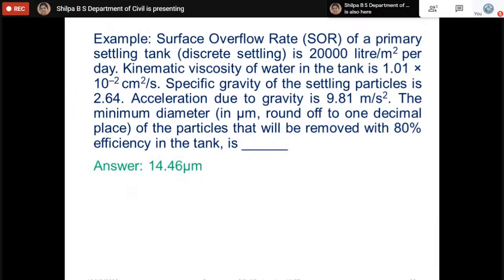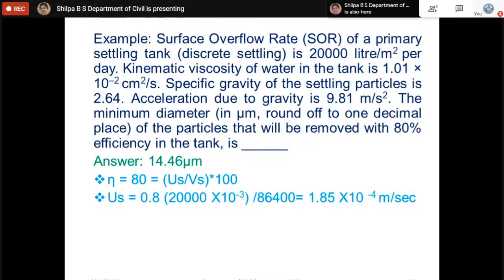The answer given is 14.46. So let us see how they have calculated this. According to this numerical, the efficiency is 80%, which can be calculated based on the surface overflow rate by the settling velocity.